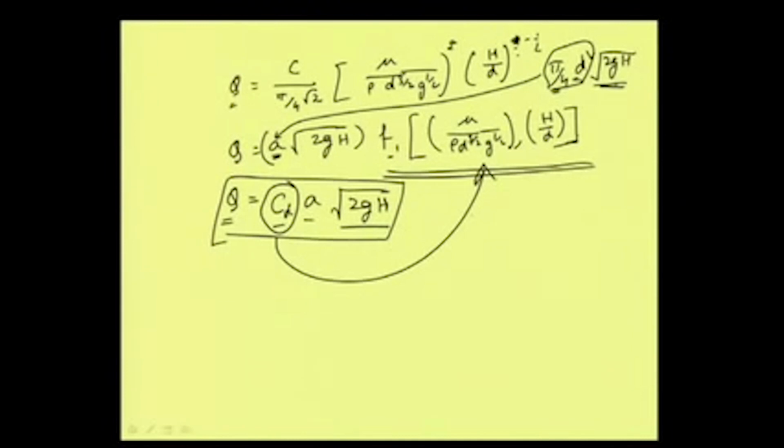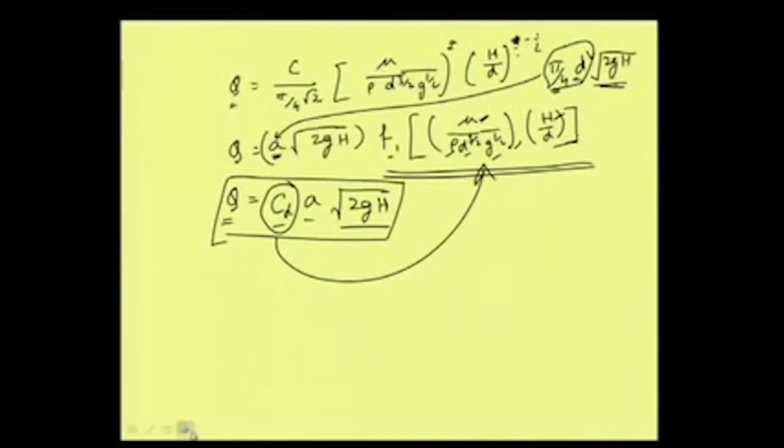So density, viscosity, diameter, acceleration due to gravity, and the head under which it is flowing, those parameters influence the value of CD. That is the beauty of dimensional analysis. We are in a better position to say what factors will influence the value of CD. Of course, we can determine the exact value experimentally.